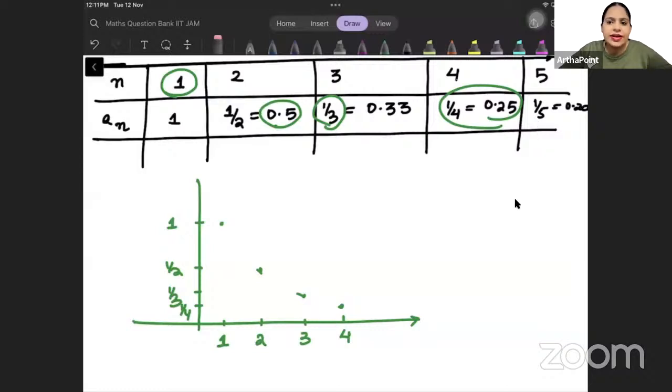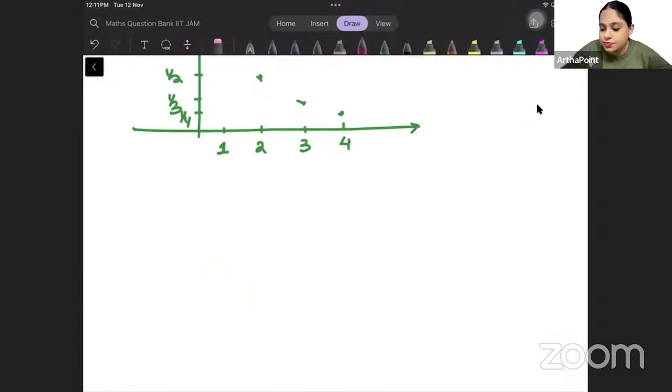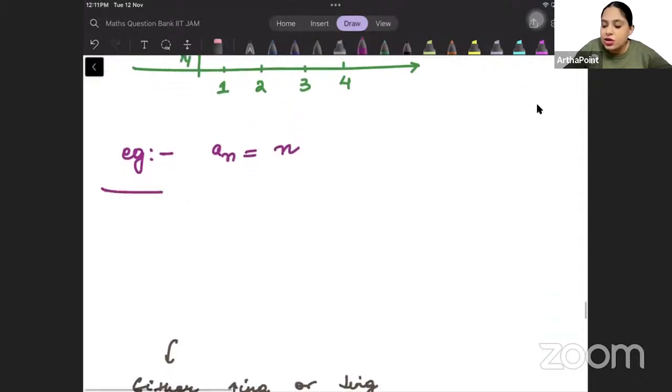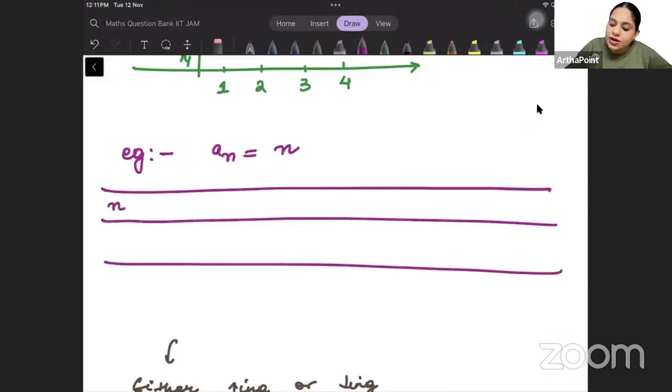There is another thing that I want to highlight here. Just because a sequence is strictly increasing or decreasing need not mean that it has to be a bounded sequence. For example, if I tell you that a_n is n, this means that if I plug n as 1, I will get a_n as 1.